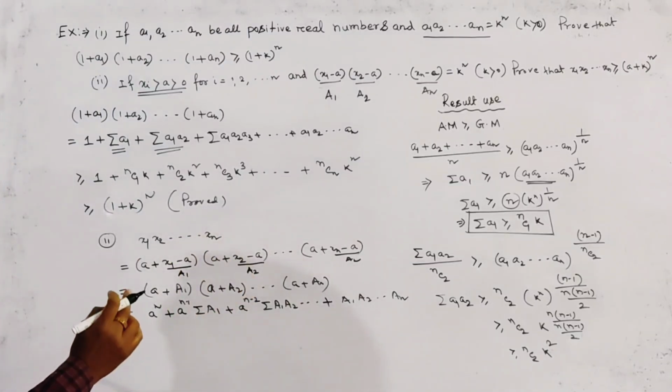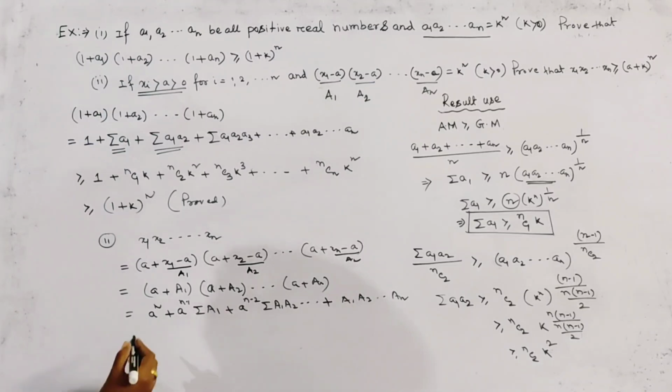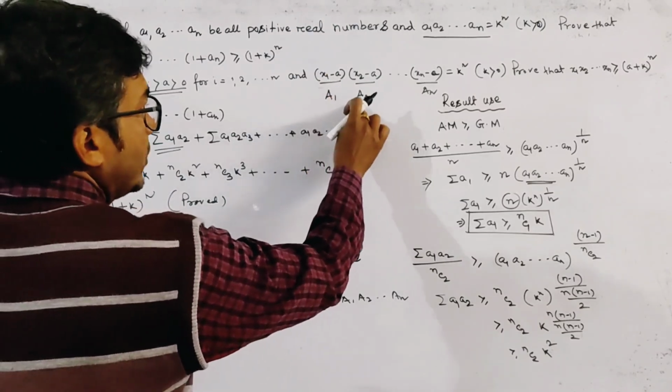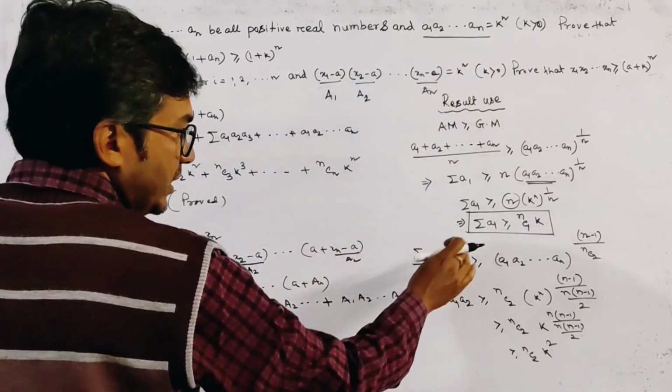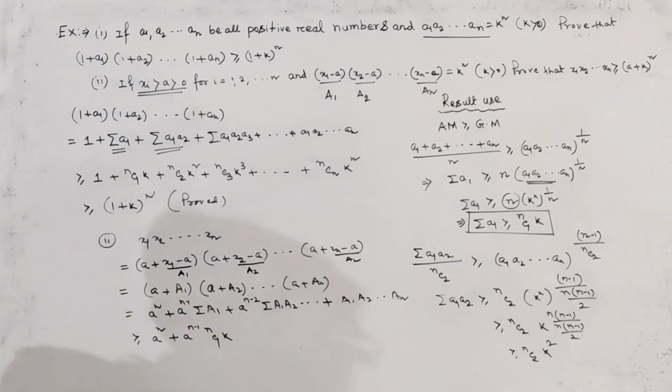Okay, and now putting the similar result as in case 1, we get this is greater equal to a to the power n plus a to the power n minus 1 into nC1 k, because here it is given that A1 A2 AN equal to k to the power n. By using the similar result, here we put nC1 into k.